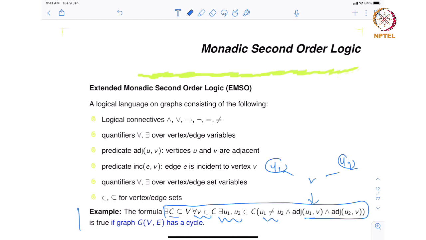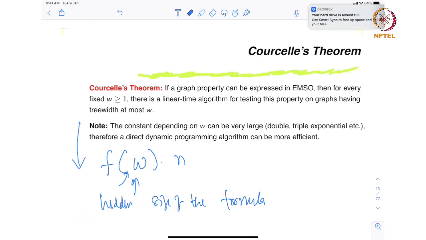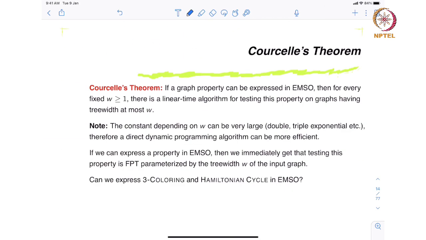So if the formula has constant length, then this is hidden, so you don't care. What does it mean? If we can express a property in EMSO, then we immediately get that testing this property is FPT parameterized by tree width. So now we can ask ourselves: can we express 3-coloring and Hamiltonian cycle in this?